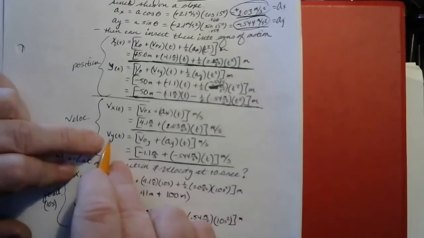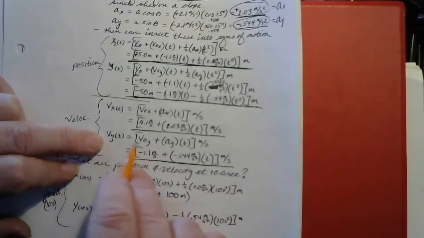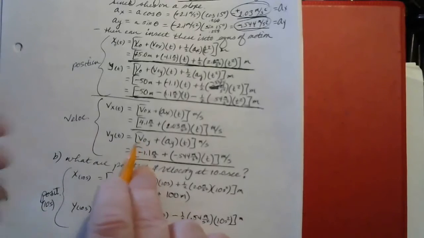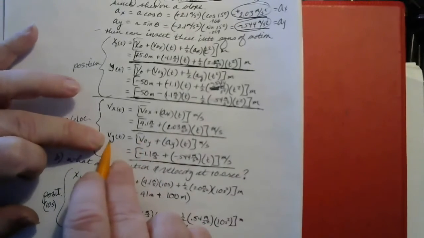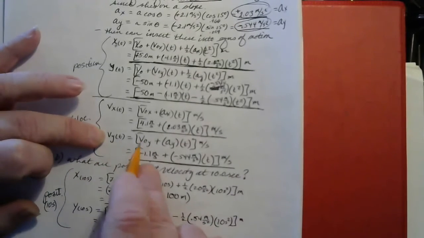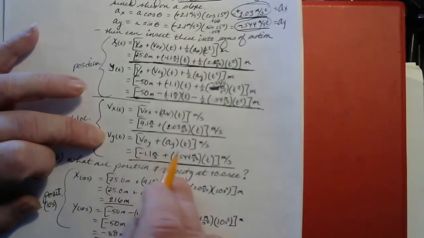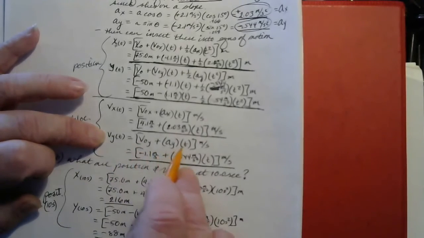Sorry, for the velocity in the y direction, you use the analogous equation for the y direction. So the velocity at any given time in the y direction would be equal to the original velocity in the y direction plus the acceleration in the y direction times time.